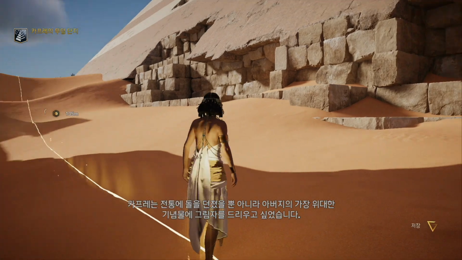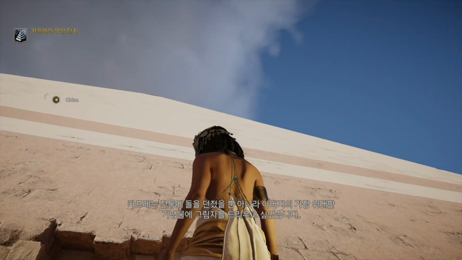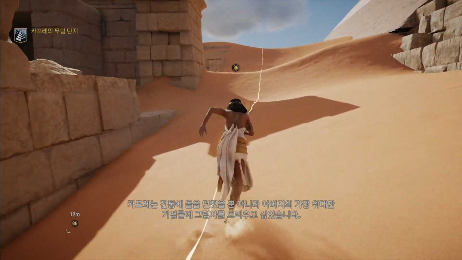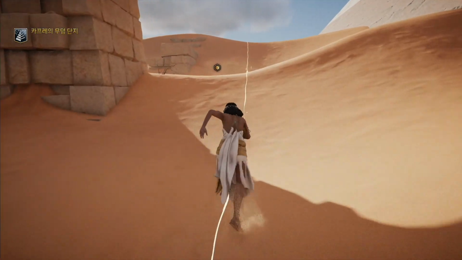Not only did Khafre thumb his nose at tradition, but he did so in a way which he hoped would allow him to overshadow his father's most important monument.